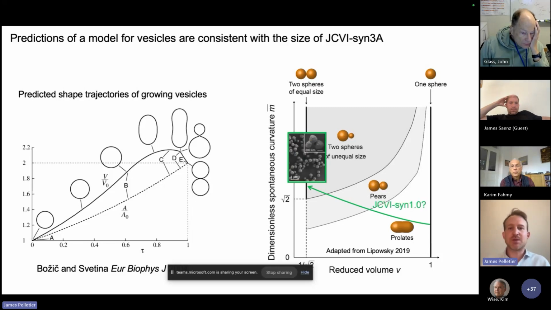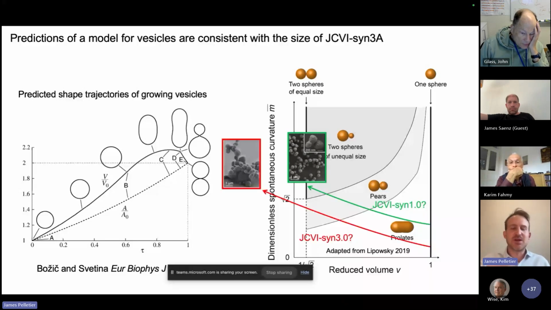So this could perhaps represent the shape of a syn 1.0 cell over the cell cycle. But syn 3.0 perhaps undershoots this line, which is a critical line at which the cell divides, and enters this really complex region of the phase space where the shapes are very complicated.